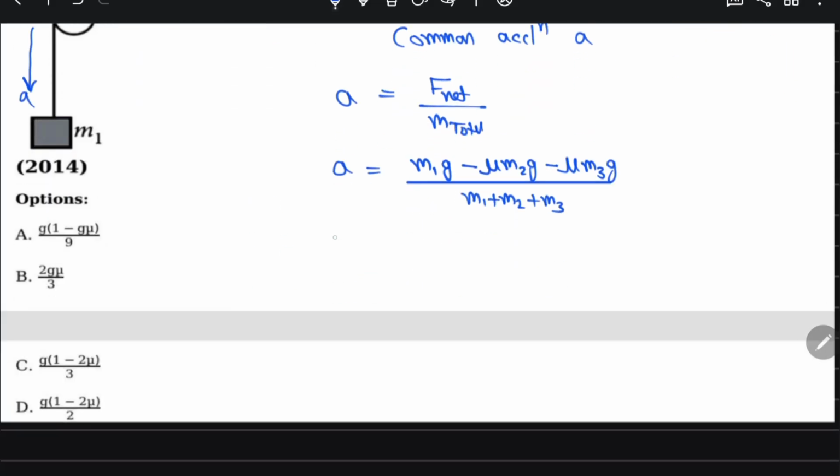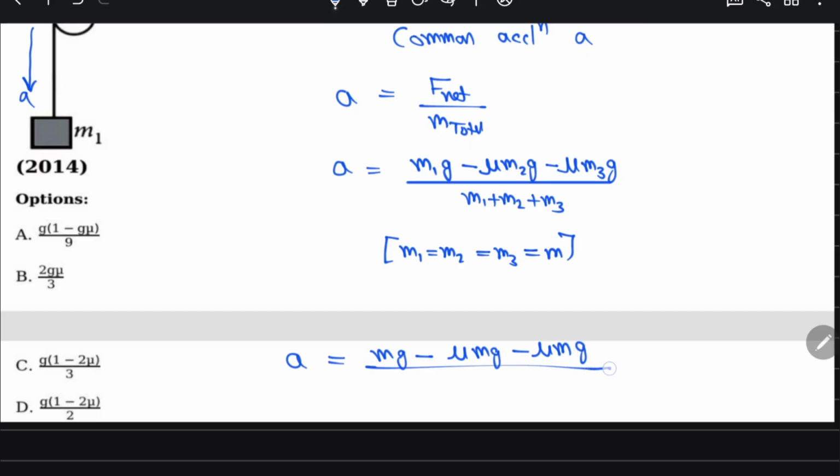And here they are saying that the masses are the same, m1 is equal to m2 is equal to m3. So the acceleration comes out to be mg minus mu mg minus mu mg, divided by 3m.